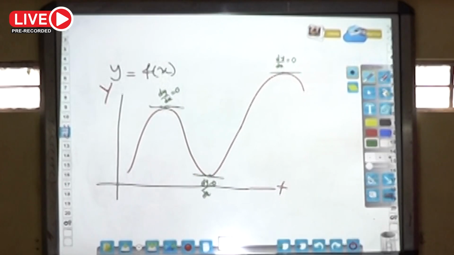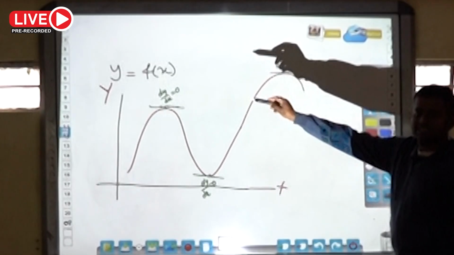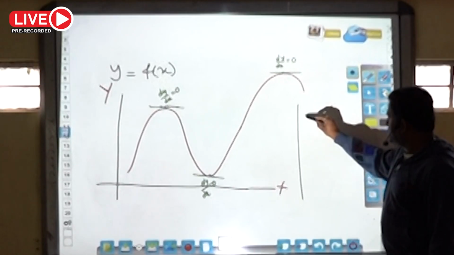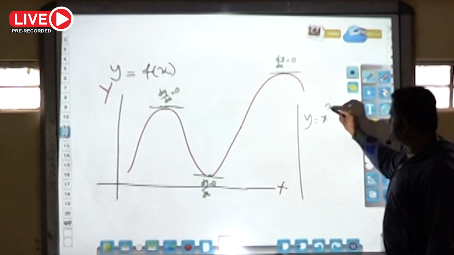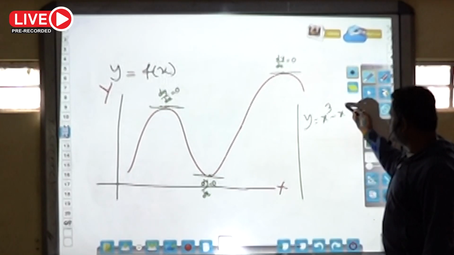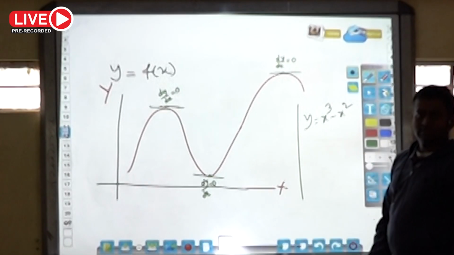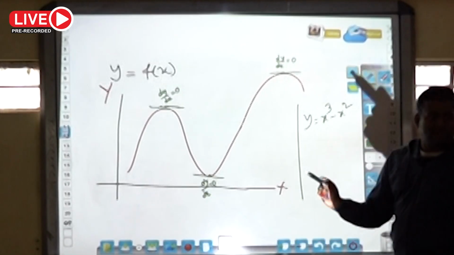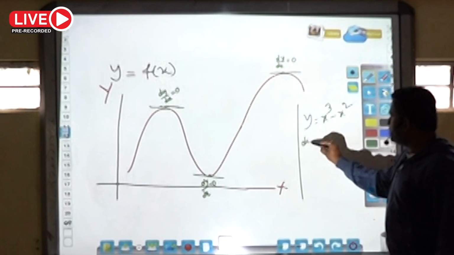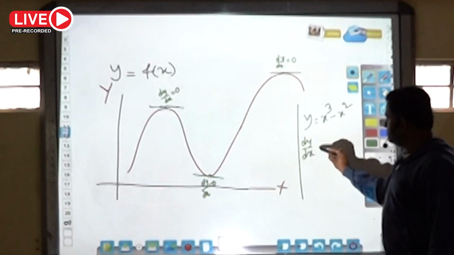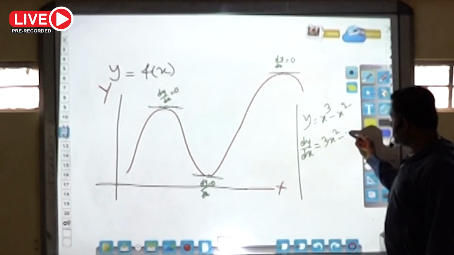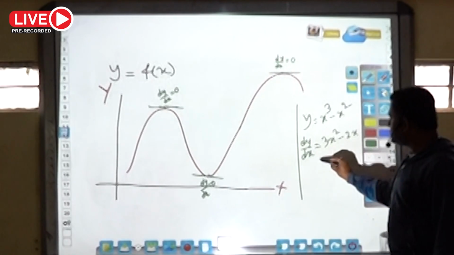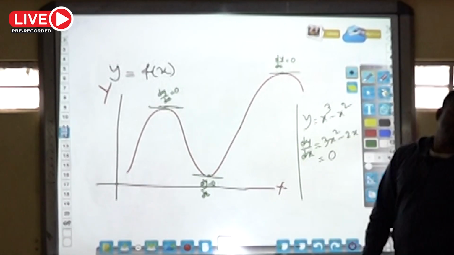What? Suppose the functional form is given, y equal to say x to the power 3 minus x square. So don't plot any graph, just calculate dy dx. So it will be 3x square minus 2x, and set this dy dx equal to 0.